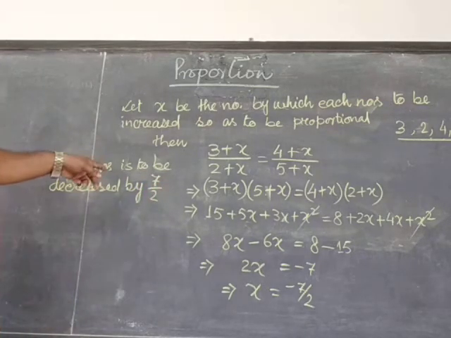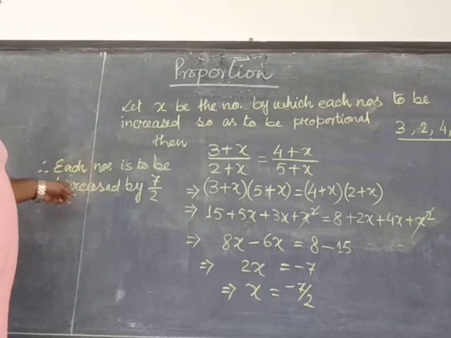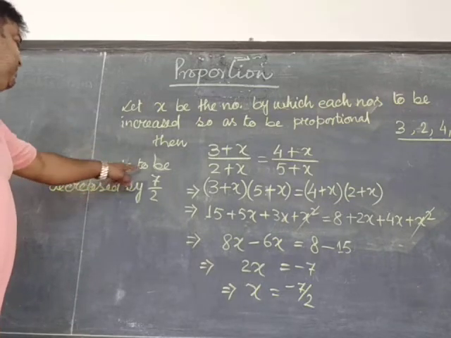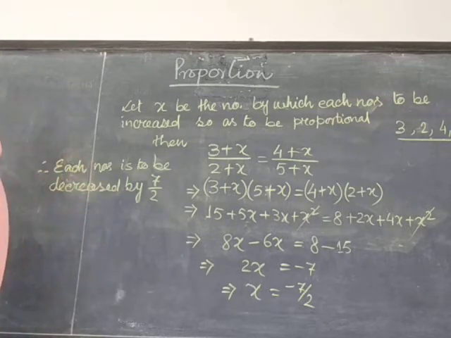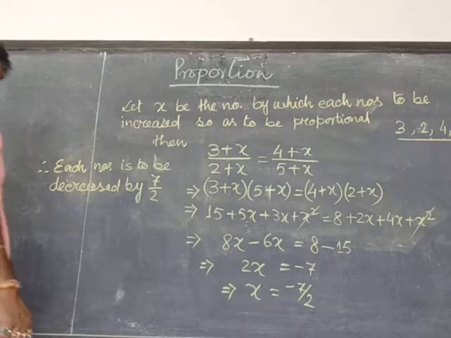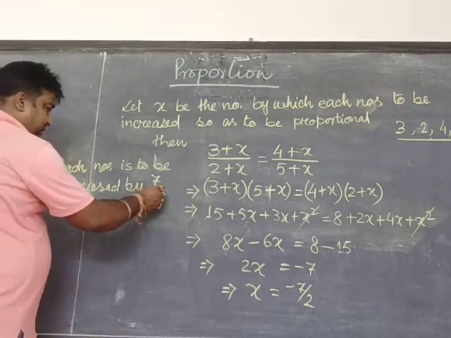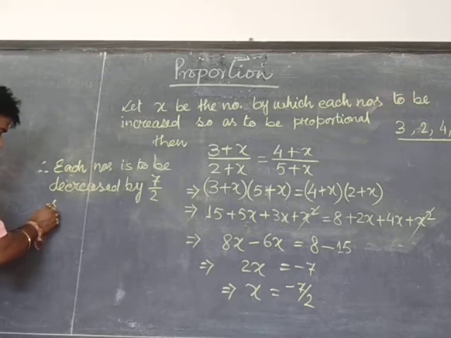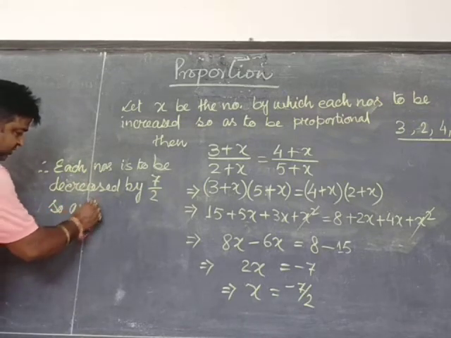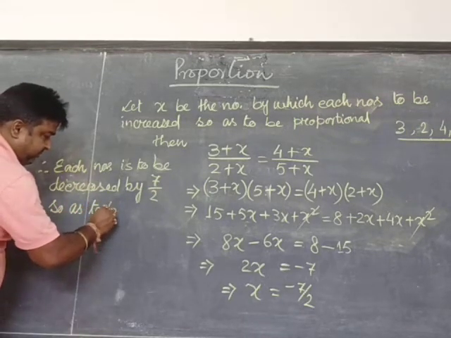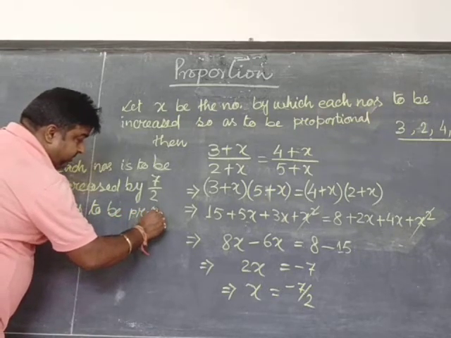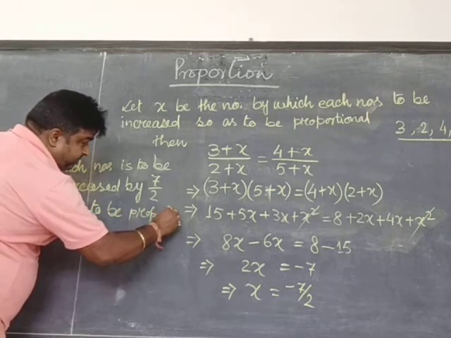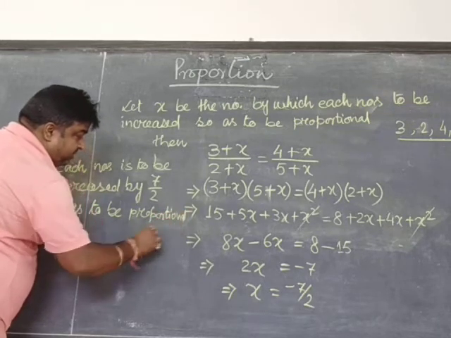Here we will write 7 by 2 because for that minus we have already mentioned that each number is to be decreased. So decrease, that is we are getting minus. Understand? Decrease by 7 by 2 so as to be proportional. Answer.